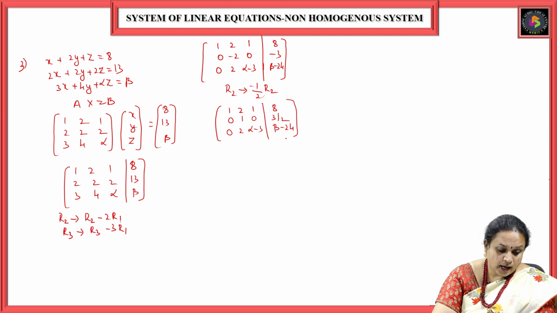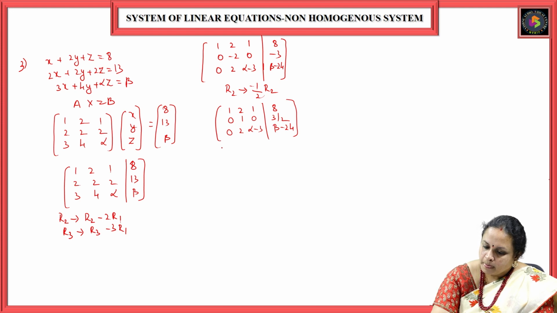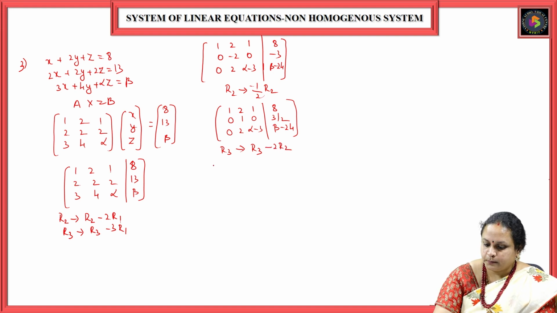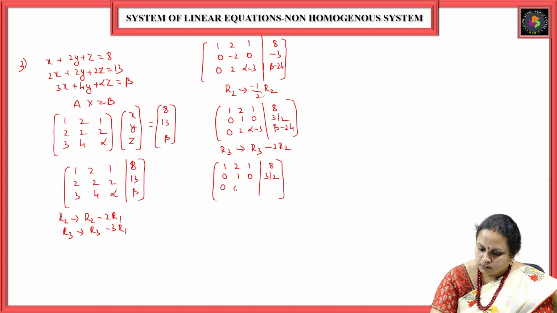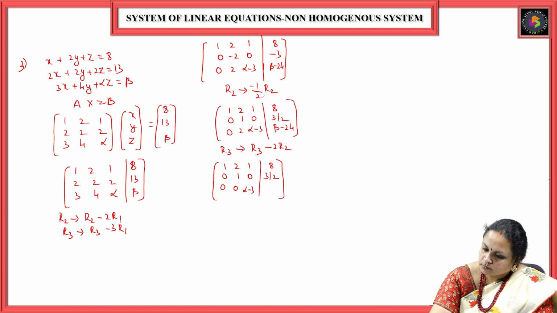Now let us make this 2 as zero. So R3 implies R3 minus 2 R2. So it will become 0, 0, alpha minus 3, and then beta minus 24 minus 3.